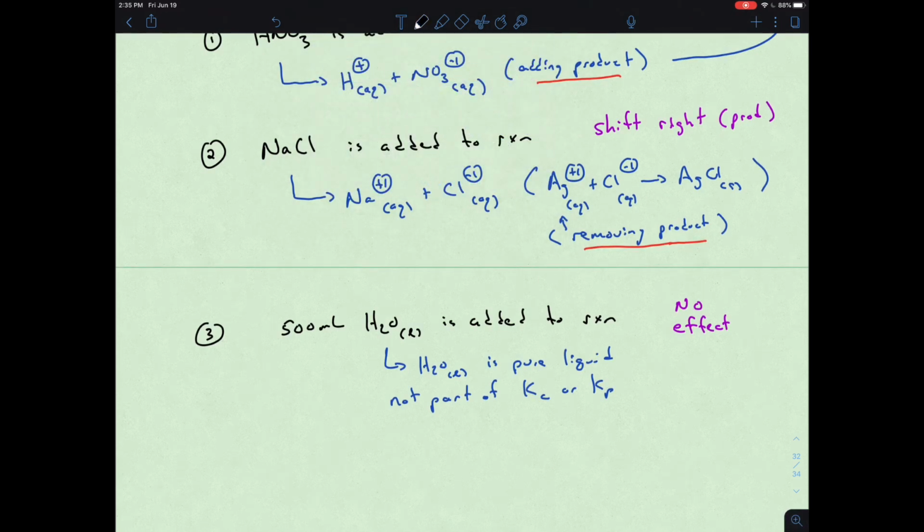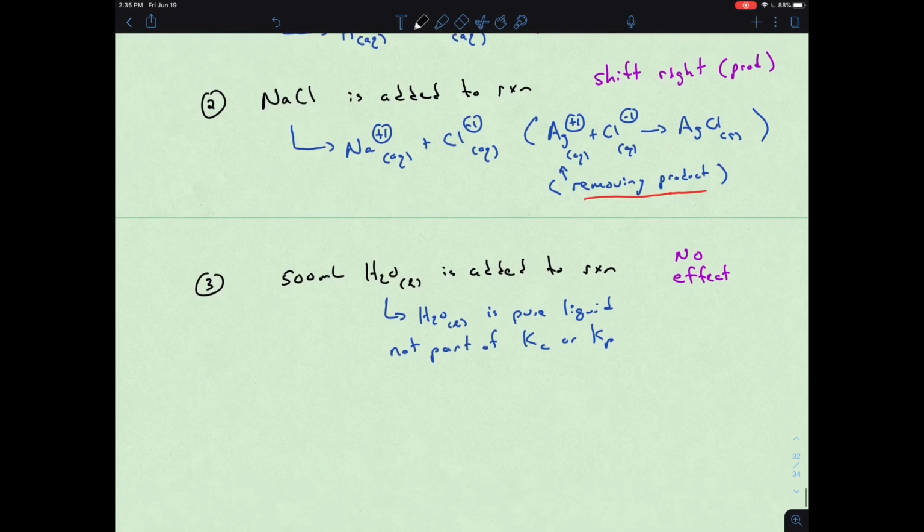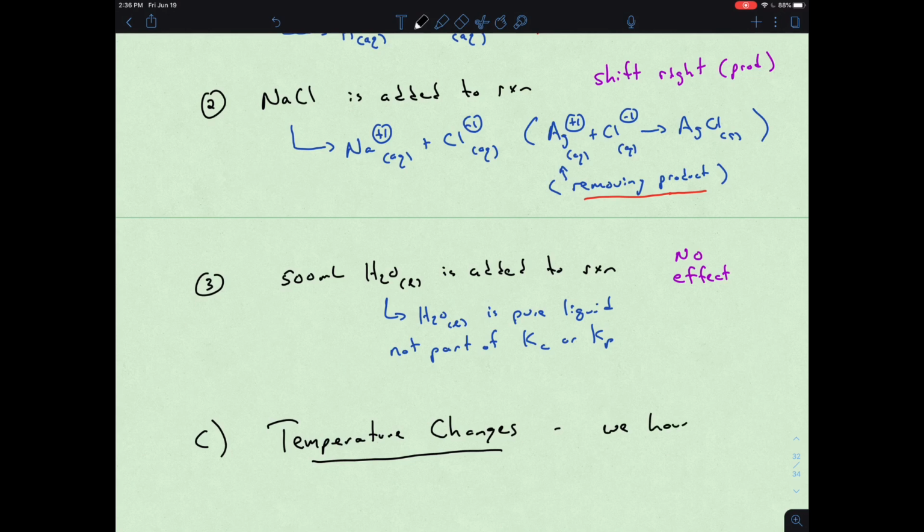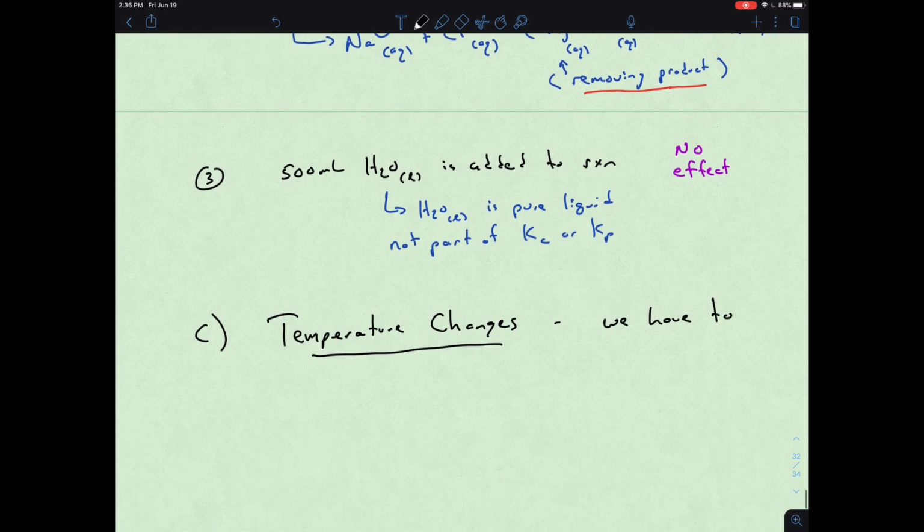The last piece is looking at temperature changes. For temperature changes, we have to be concerned with the delta H of the reaction.